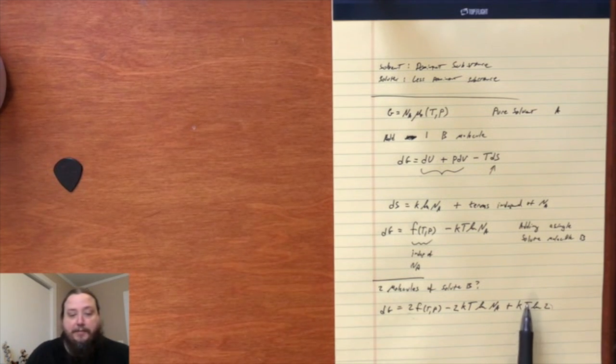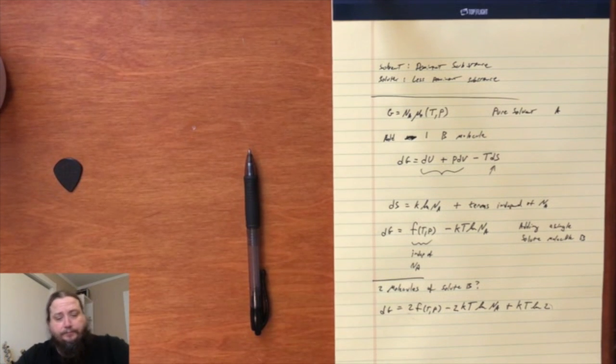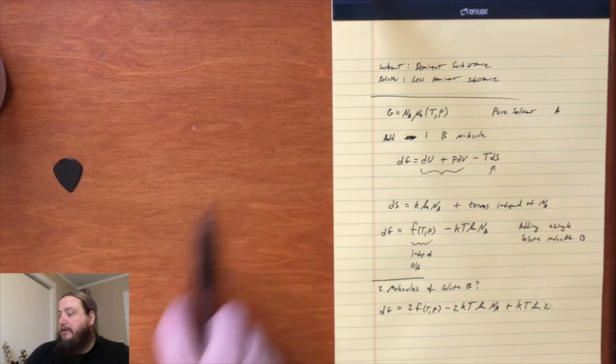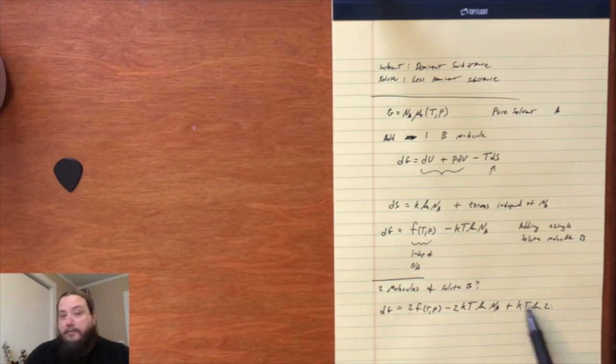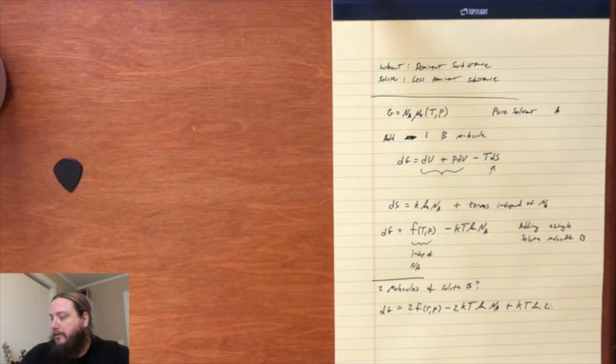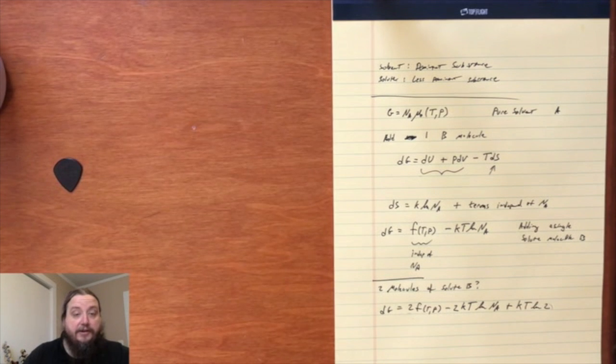We have to divide that by a factor of 2 because we've double counted the switching. Okay, and again, this is a familiar correction that we had to add when we looked at the ideal gas law, because these are indistinguishable particles.